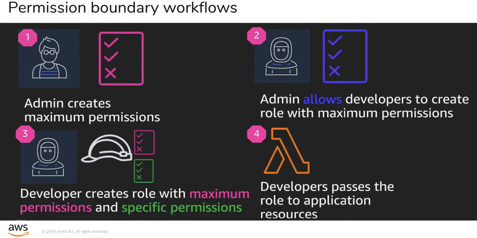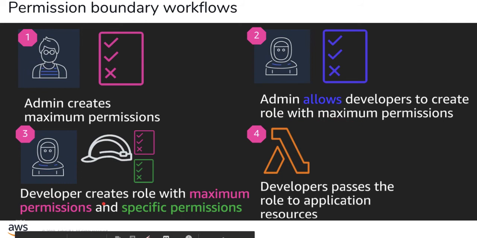So this is the flow of how it works. The admin creates the maximum permission that a developer can have. This would not be for the developer, but for the application the developer would be creating. The admin allows developers to create roles with maximum permissions.